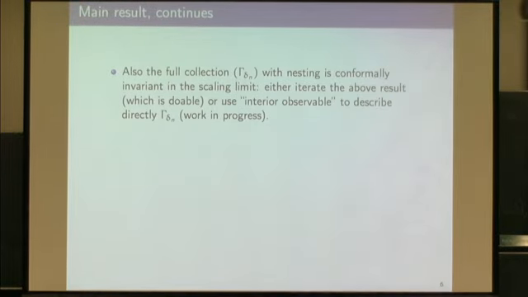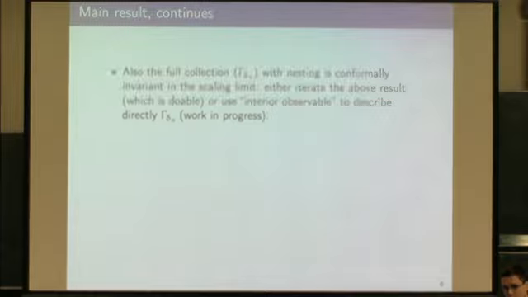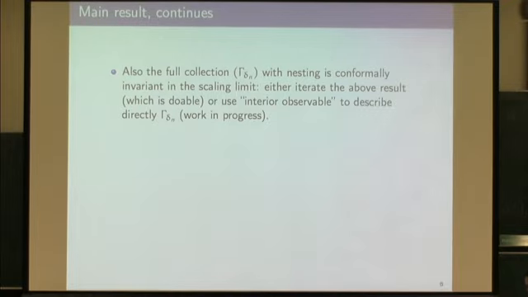So to get to the full collection, you either have to iterate this result. So now you had those loops in the first generation which touch the boundary. You have to then, in all the connected components, repeat this process, so you have to iterate this.